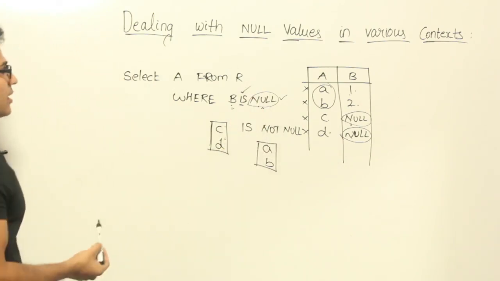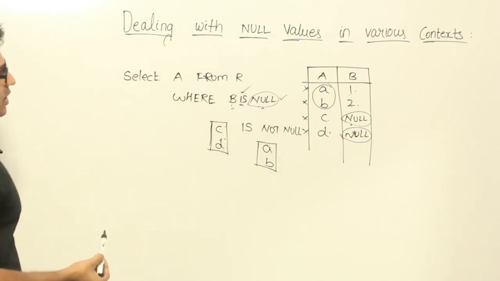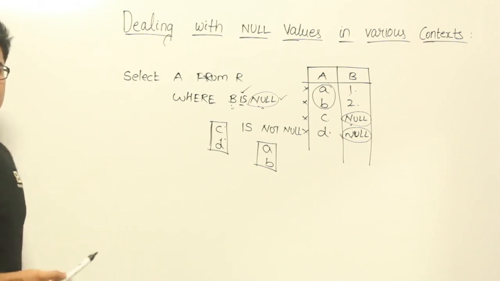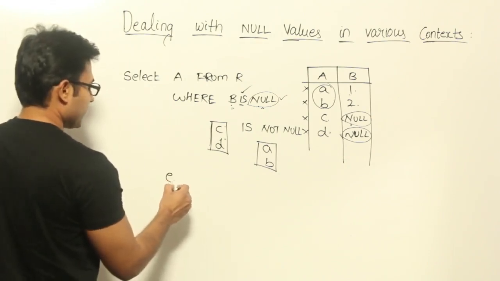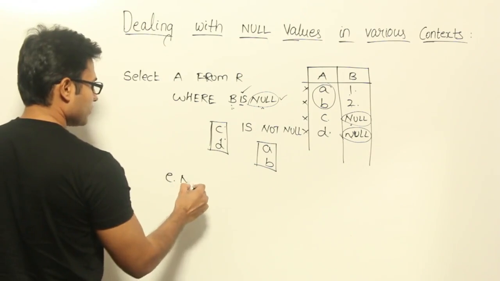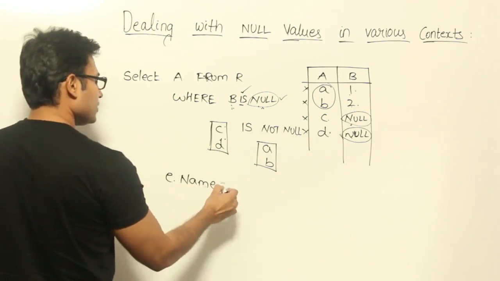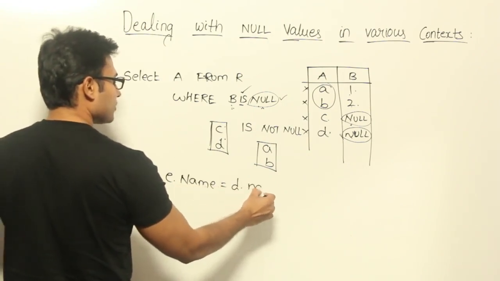Got it? And sometimes you can compare two attributes in a join condition. Let us say you are writing something like E dot name is equal to D dot name.